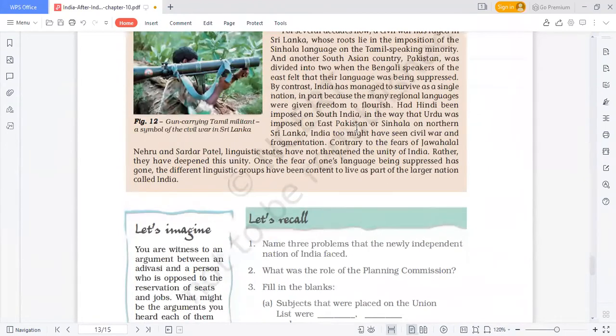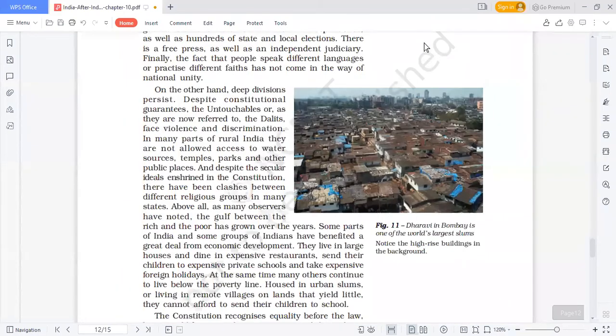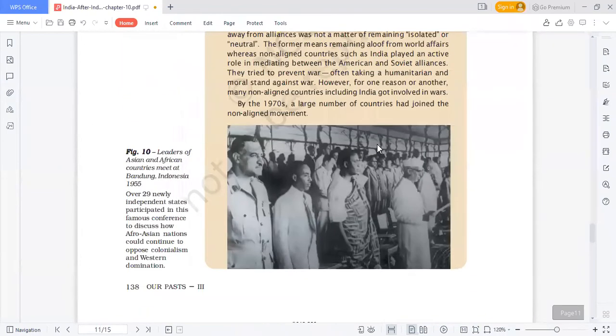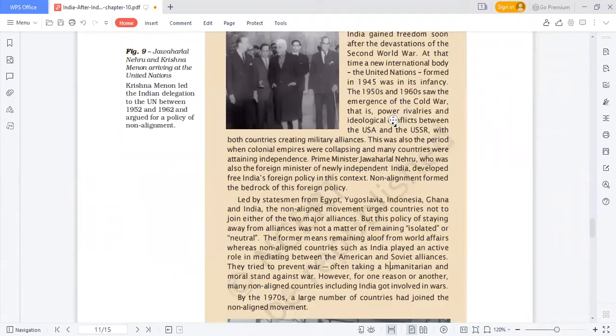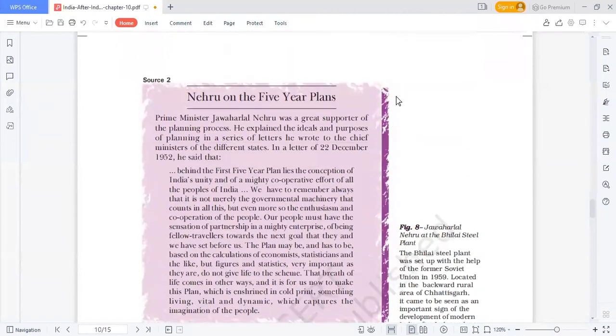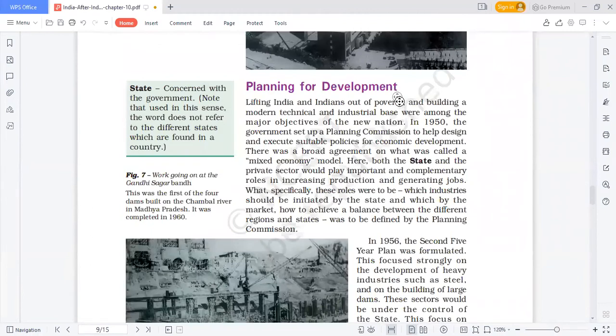Second, what was the role of the Planning Commission? The Planning Commission was established in 1950, which helped to design and execute suitable policies for economic development.